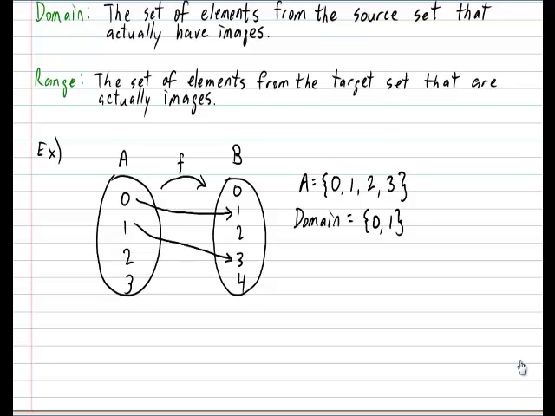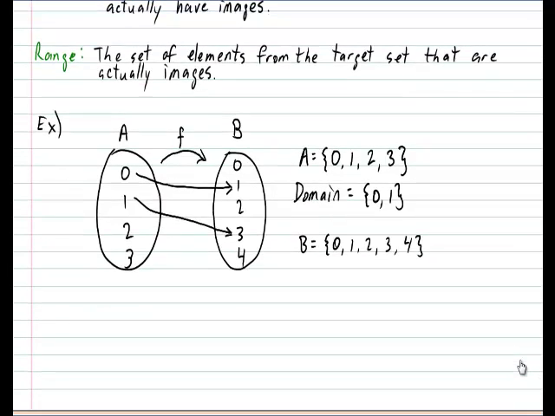Let's take a look at the range of this function. Well, we know that set B has 5 objects in there. So let's list them. It's got 0, 1, 2, 3, and 4. But not all of these are part of the range. The range are only the objects that serve as images.